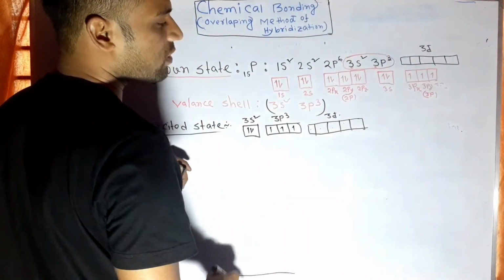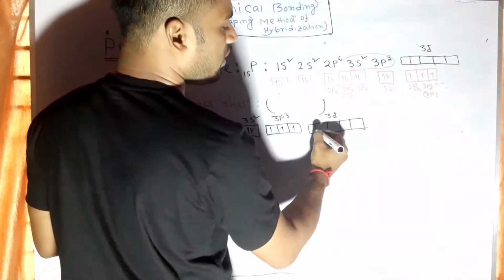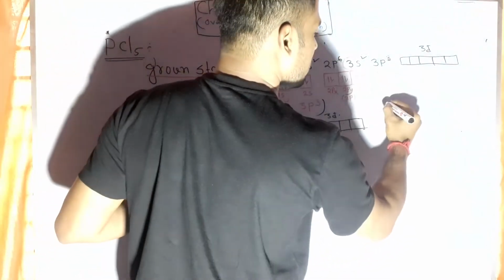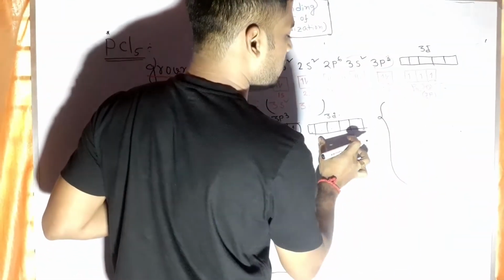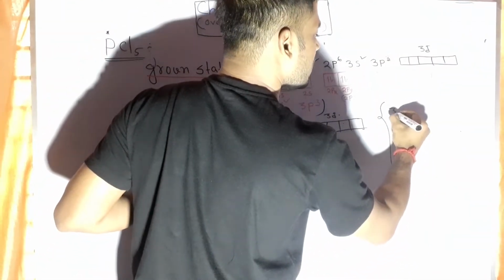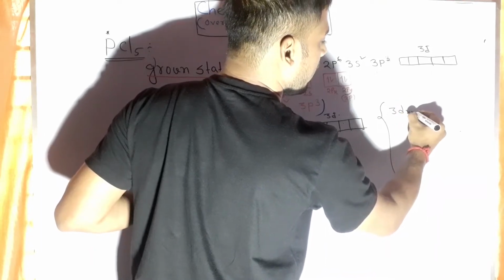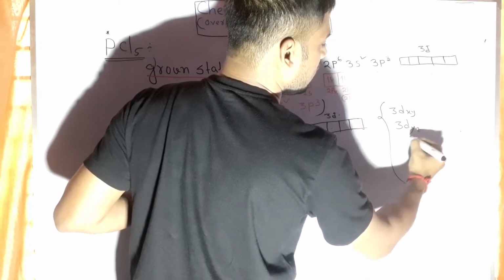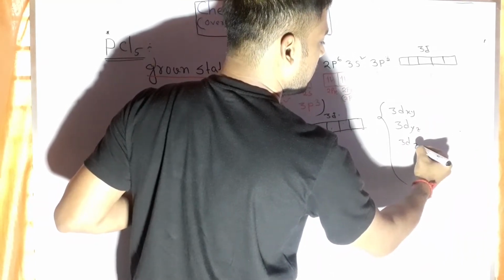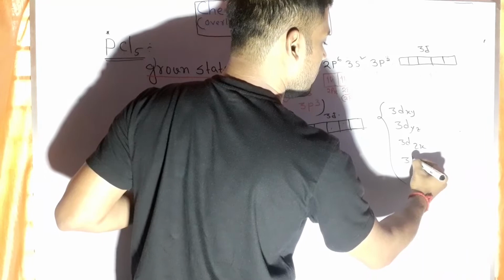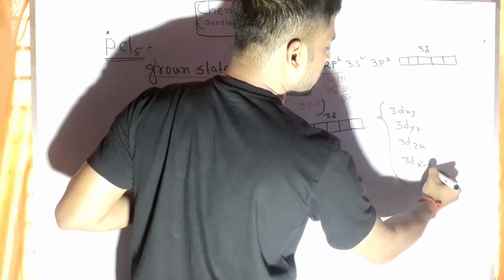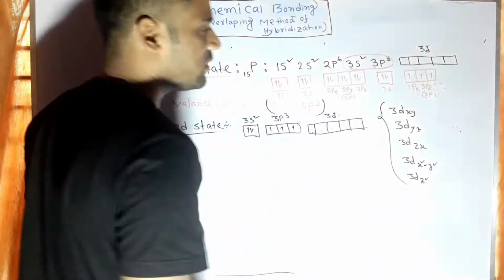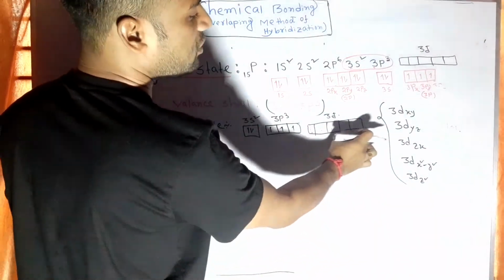What is the name of each empty space? The 5 empty spaces are named 3dxy, 3dyz, 3dzx, 3dx square minus y square, and 3dz square.